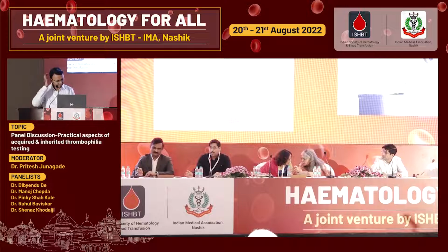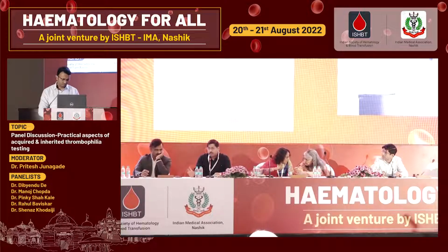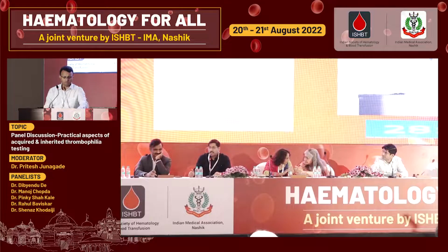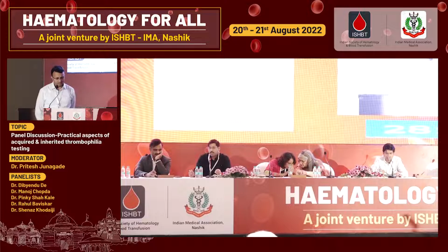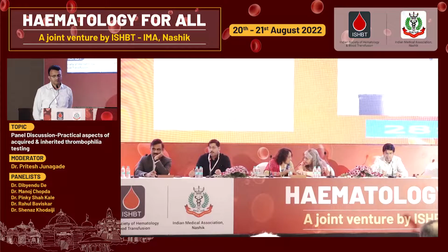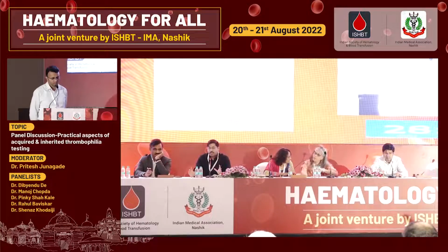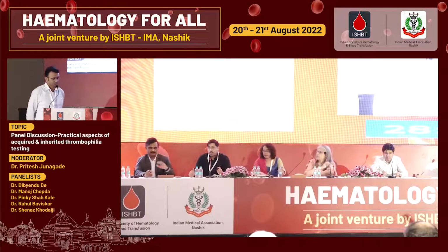Regarding thrombophilia, it is obviously something very difficult to understand because any of the conditions that lead to excess chance of developing thrombosis can be regarded as thrombophilia. So it can be any inherited or acquired condition due to which patients develop a propensity to have a higher chance of thrombosis in any given situation. Even age is a risk factor which leads to increased thrombosis.